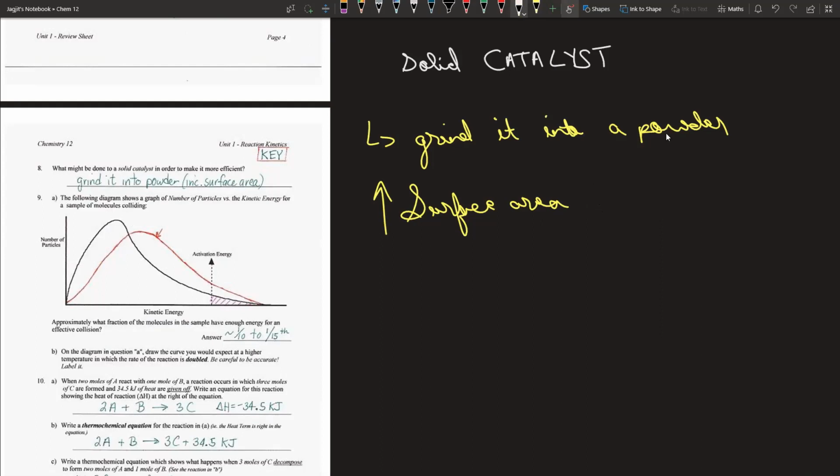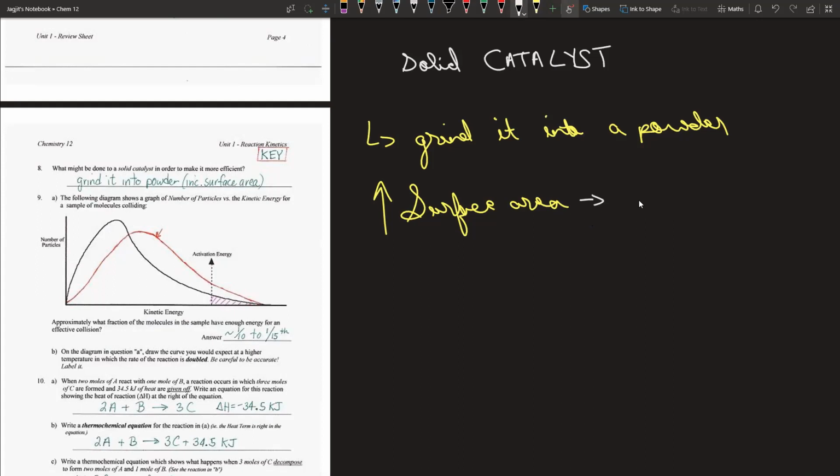But if you take this chalk and you crush it and you make it into a powder, now even the inner molecules are exposed. So even the inner molecules can react, they can collide. So how does increasing the surface area help?